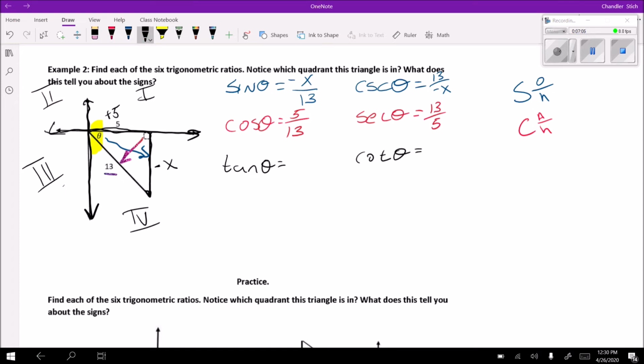Tangent, we have opposite over adjacent. Opposite would be negative x over adjacent would be 5. And then cotangent is the reciprocal of that, which is 5 over negative x. All right. So I can actually write these here too. I'll write it in shorthand here.